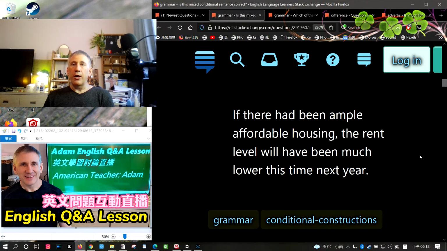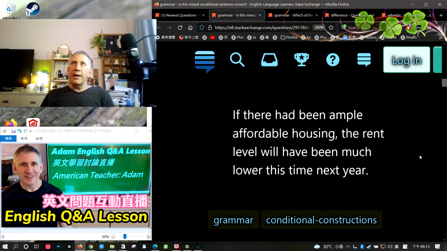So in the main clause, you must use would have, rather than will have, in this type of conditional. For example, if there had been ample affordable housing, the rent level would have been much lower this time next year. Okay, so this is an incorrect conditional.